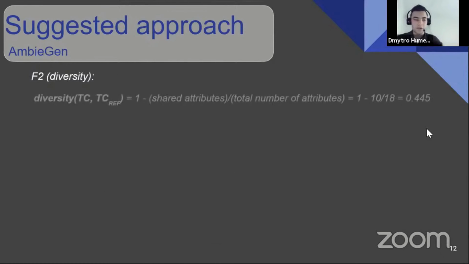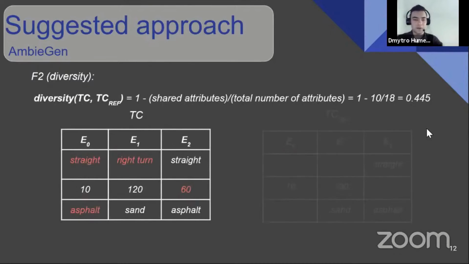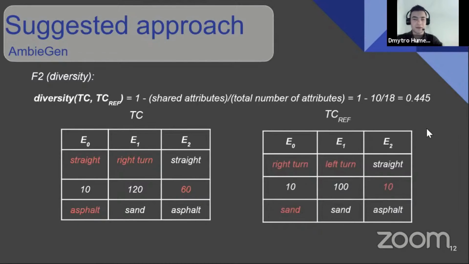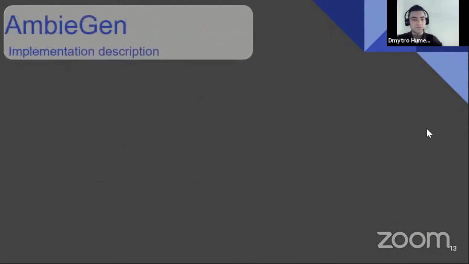And now I can present how we define our second objective, which is the diversity. We basically calculate how many of the same elements there are in the two matrices.